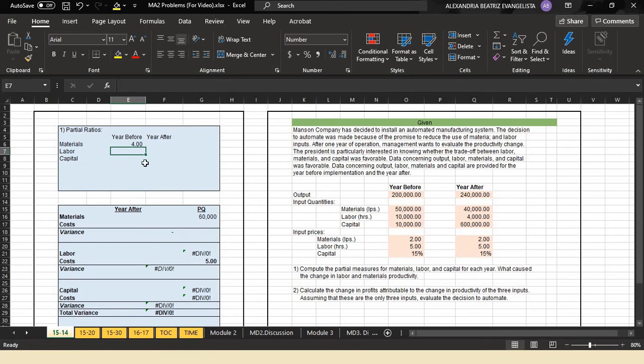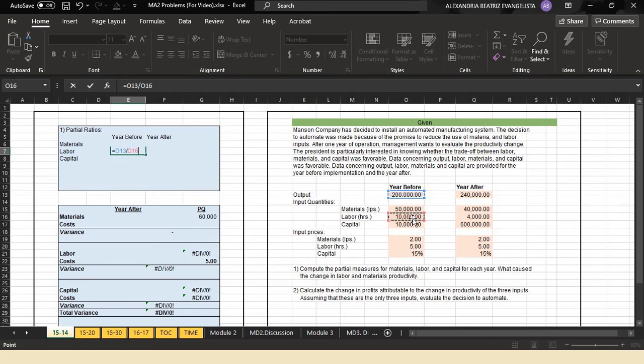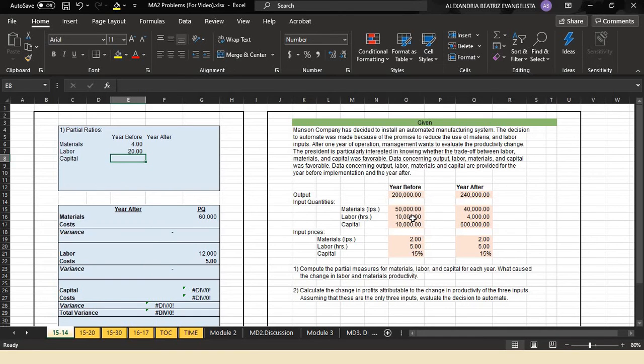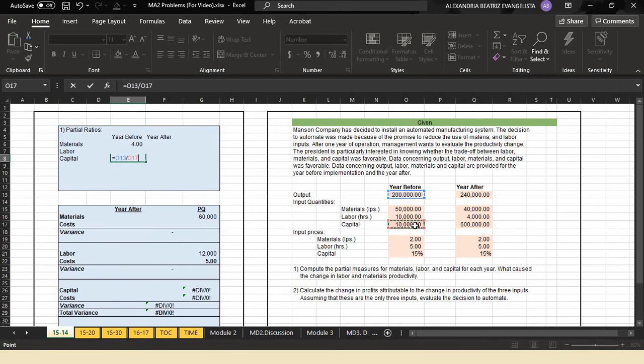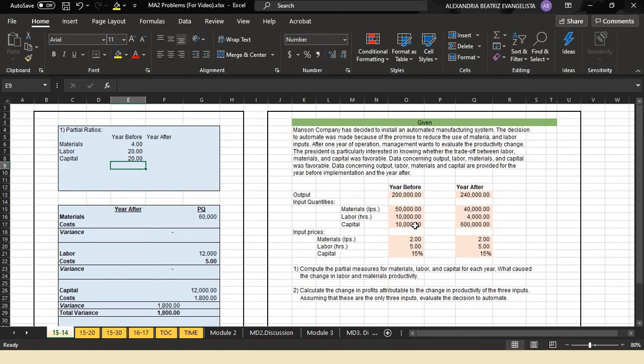Now for labor, again, we're going to divide 200,000 outputs by its labor input quantity, which is 10,000, and that would give us 20. And for capital, we're going to divide the 200,000 output by the capital input quantity of 10,000 as well, and again, that would give us 20.